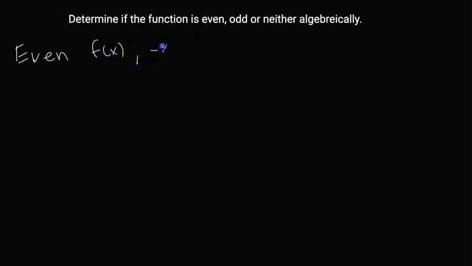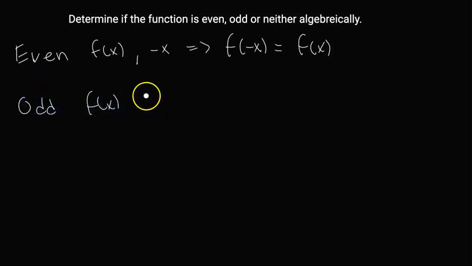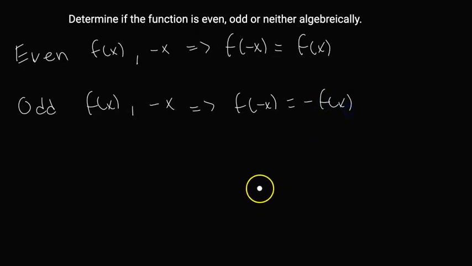If we plug in a negative x, we know that f of negative x is going to simply be f of x. Meaning that regardless of whether I plug in a negative number, I'm still going to end up with a positive value. Now with odd functions, if again I take my f of x and I plug in a negative x, in this case, we result with a negative f of x value.